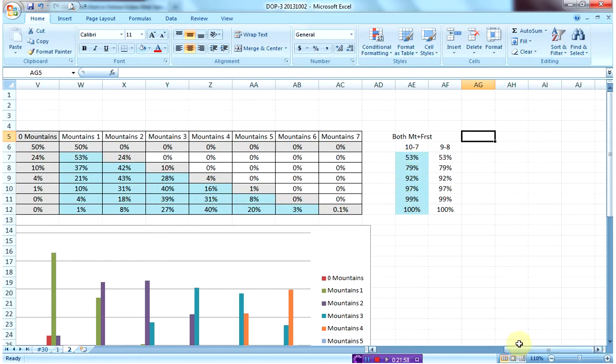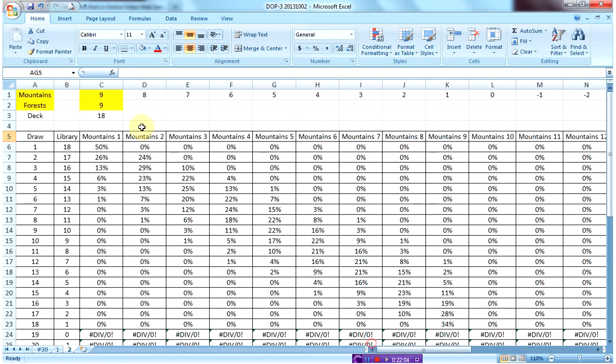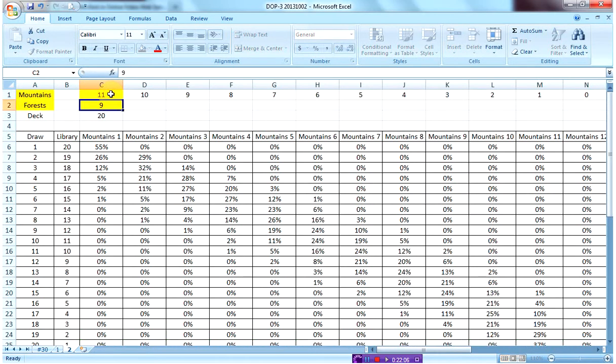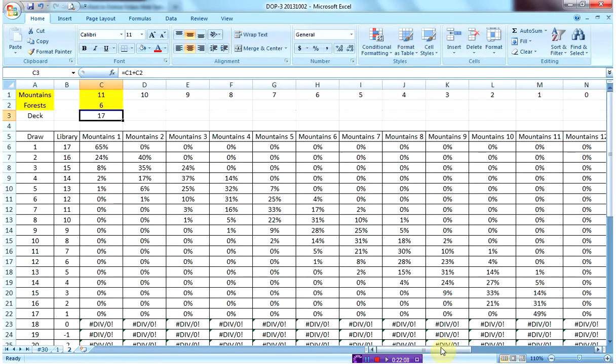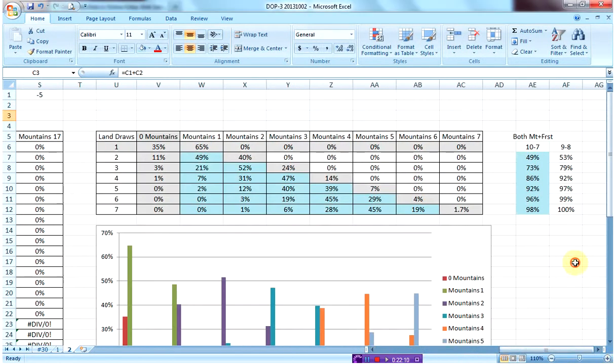We see 9-9. Basically, the chance is exactly the same as 9-8. If we went 11-6, now we start to lose a lot on the odds of getting that second color. So that's part of the power of this tool.